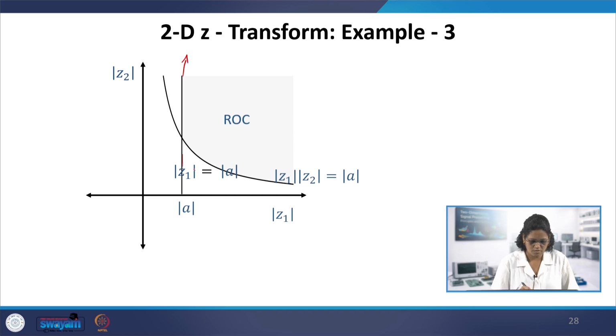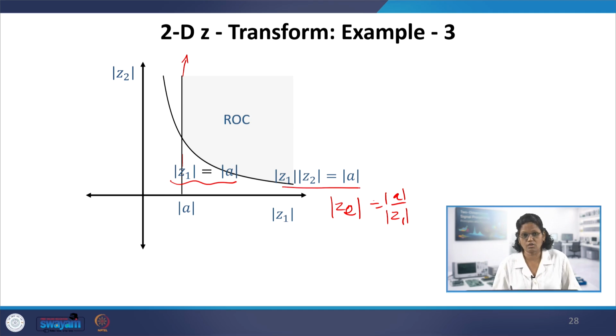So this line results in the first condition, whereas the second condition z1 z2 equal to a is where z2 depends on z1, z2 is equal to a by z1, right? So this should not be equal to 0. So z2 and z1 are inversely proportional. That's why we get this curve which represents z1 z2 equal to a.